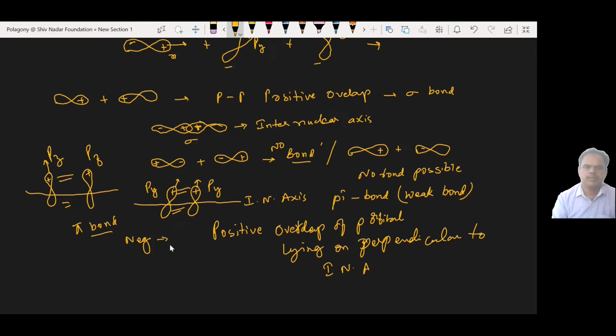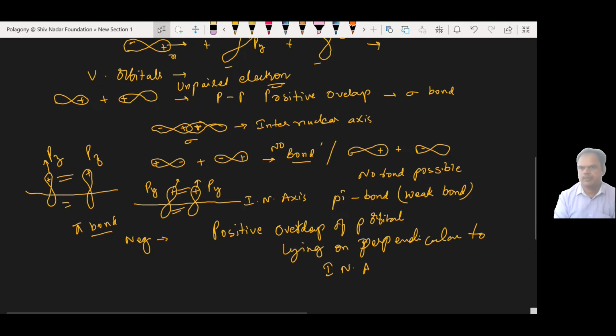That means if the orbitals approach with negative ends, the probability density of electrons is not there and bonding is not possible. The valence orbitals should have at least one unpaired electron for bond formation. So these are the three types of orbital overlap.